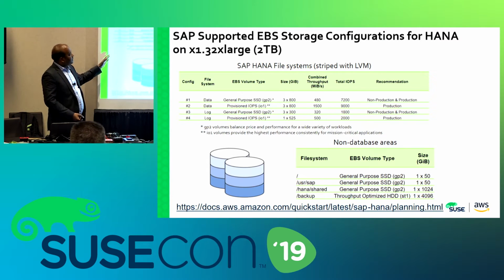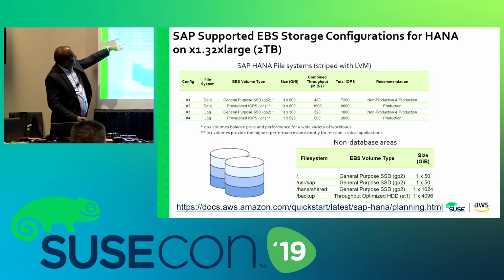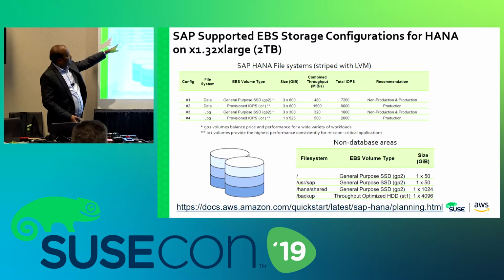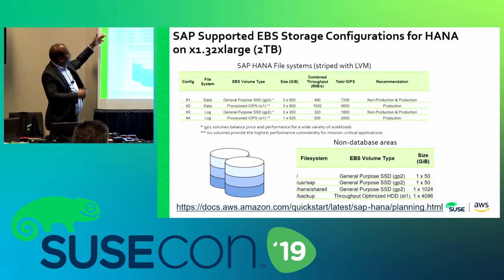This is an indication of what we provide for a 2 terabyte instance. What you're seeing here is the data volumes being created with three 800 gig volumes, providing 480 Mbps of throughput, and the total IOPS you see there. In my options I picked GP2, but if you picked IO1, you'd get this kind of configuration.